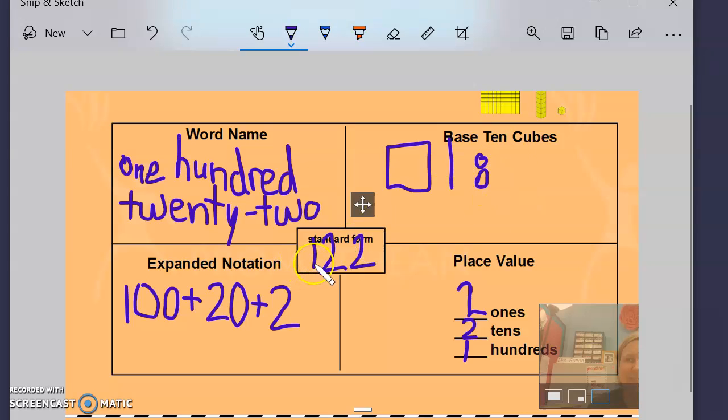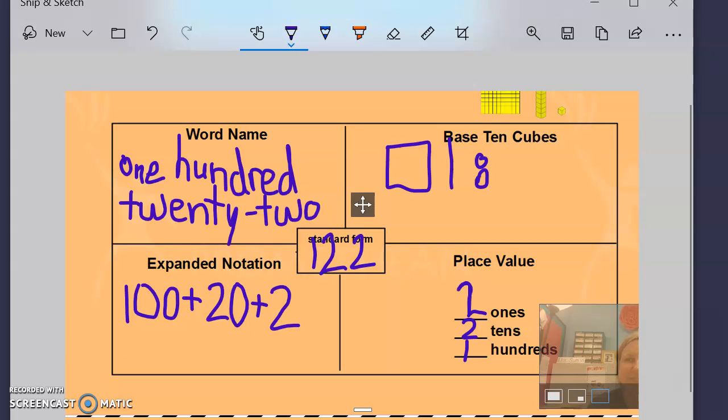Ooh, I forgot the standard form, 122. For my place value, I have 2 ones, 2 tens, and 1 hundred. And my expanded form is 100 plus 20 plus 2.